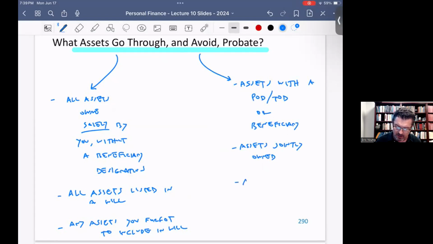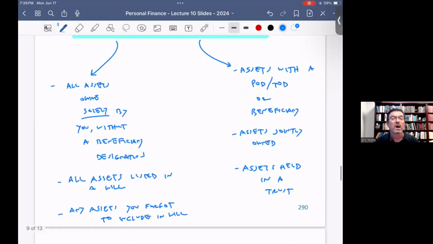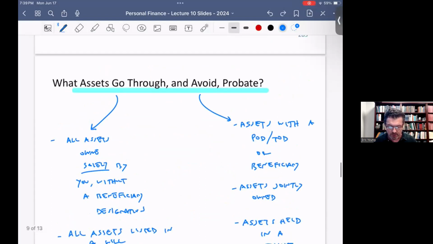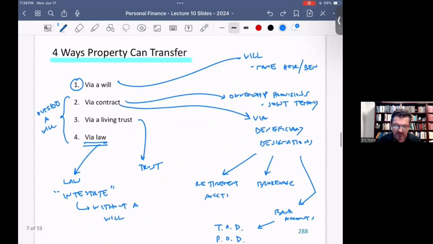And third, any assets held in a trust avoid probate. So now you can see, A, that probate's expensive, why you want to avoid it, and then how you avoid it. And if you notice down here, we're bringing up things that we referenced earlier. So we referenced the idea of dying intestate. We referenced that property can transfer via contract or via trust.